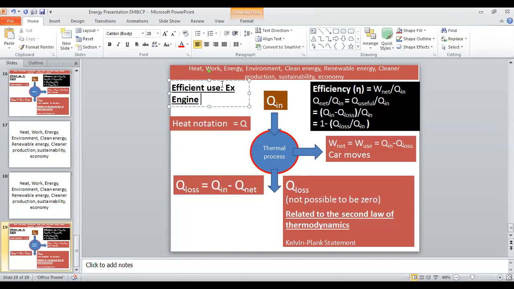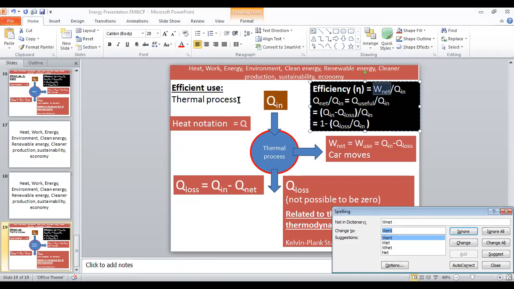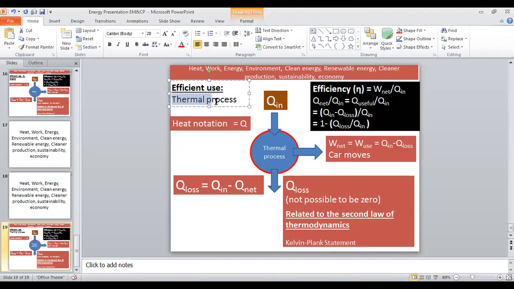This is for the general case. So this is not about the engine, but in general. This example is general, can be any thermal process. Okay, any thermal process. Interesting.